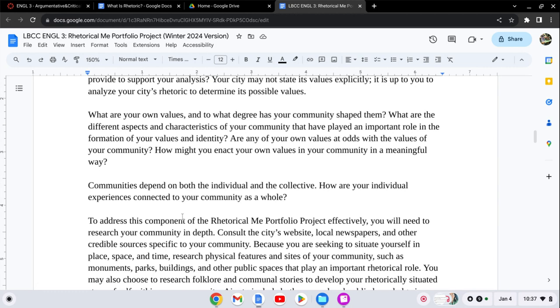Maybe your community holds a specific festival each year on a specific holiday, or maybe there are certain events that your city often puts on or facilitates that you have experience going to and that have influenced your memories and your relationships with your friends and family, right? So you want to think about your own individual experience within the broader collective of your community.